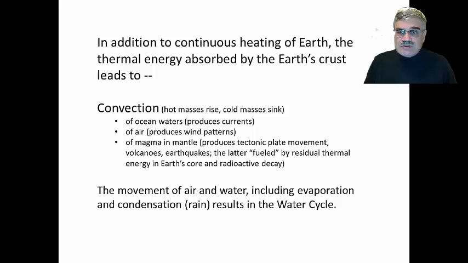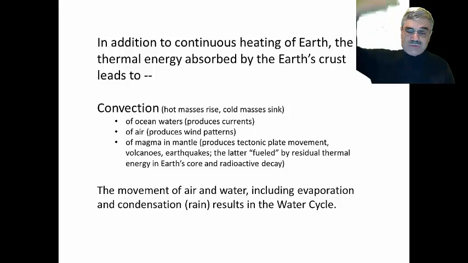In addition to the continuous heating of the Earth, the thermal energy from the sun that is absorbed by the Earth's crust also produces or leads to convection. That is, if you remember, convection is the movement of masses. That is, masses rise when they become warmer. Hot air rises, hot liquids rise, and cooler masses sink.